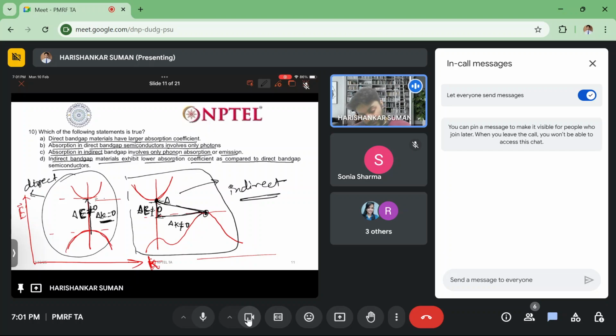So now please answer the question. Direct band gap material has a larger absorption coefficient. This is right. Absorption in direct band gap semiconductor involves only photons. Is this right or wrong?